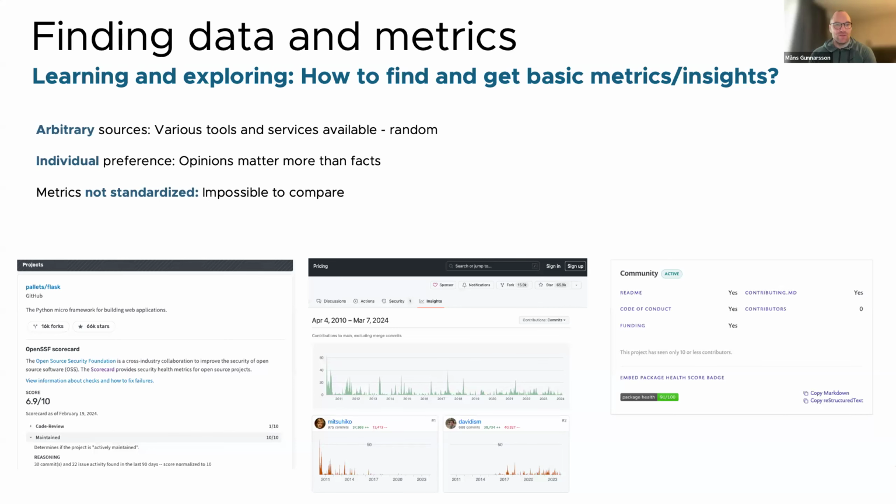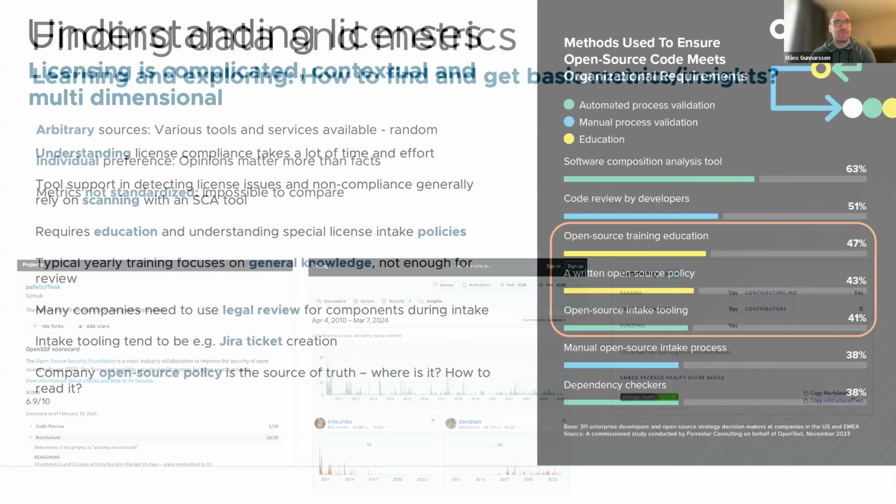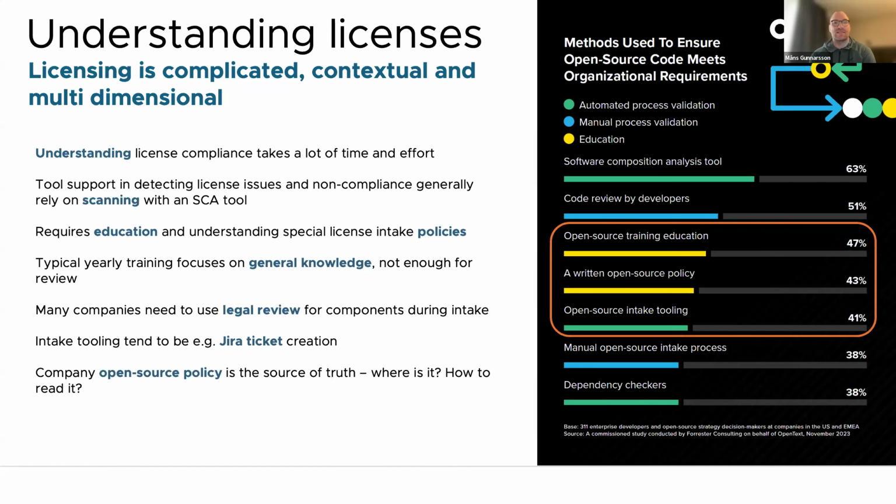So moving on to the next problem. This is regarding understanding the license compliance rules. And open source licensing is inherently complicated and at least requires some level of expertise or understanding.